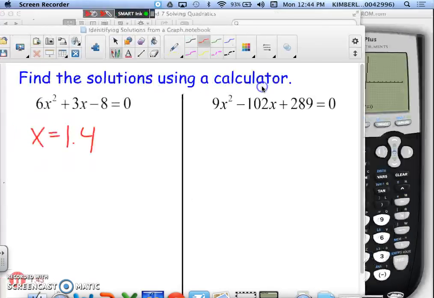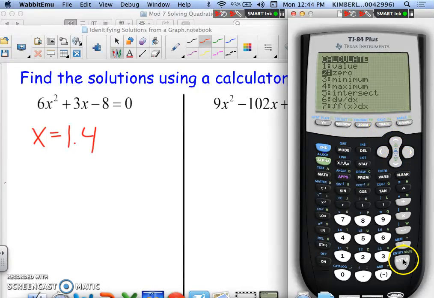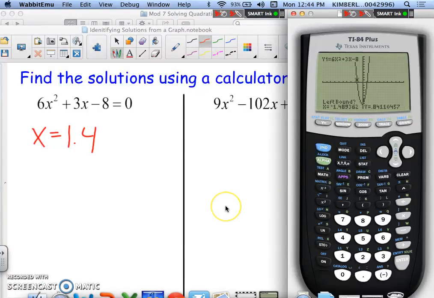But in this graph, I have two solutions. So I have to go back and redo all those steps. So you press second trace, and you want the 0. Okay, so second trace. Now I want to find this x-intercept over here. So I have to scroll over here to the left of that, which is somewhere below it.